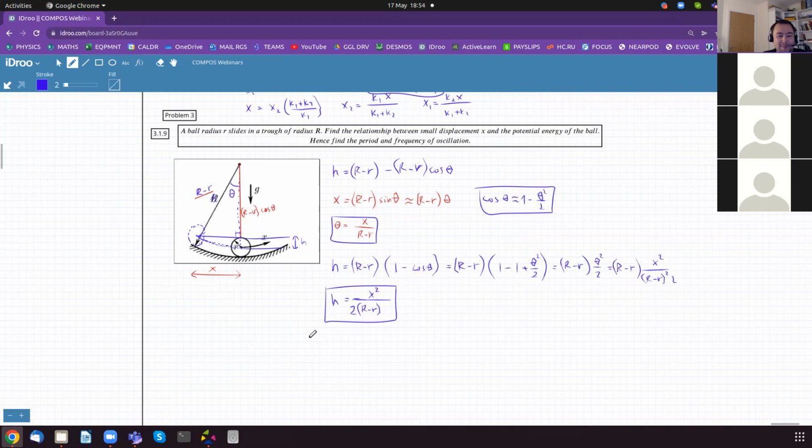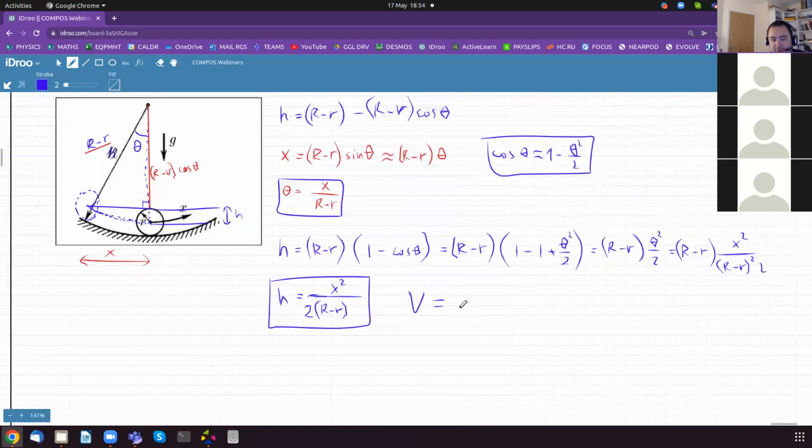Right. So of course, the potential energy. The potential energy V, we use V for potential energy, and it's mgh. So that's mg x squared over 2 times (R minus R).